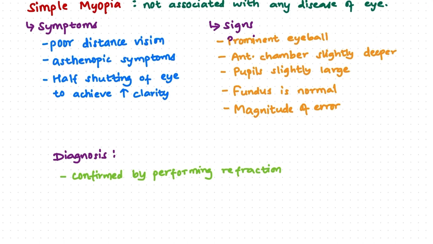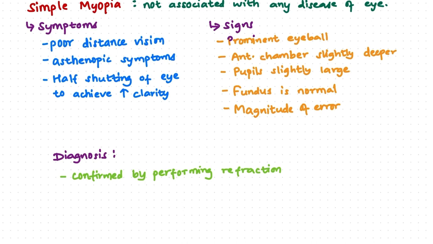People tend to half shut their eye so that they achieve more clarity, because the rays of light will be coming more from the principal axis rather than from the periphery, so clarity is achieved, right?